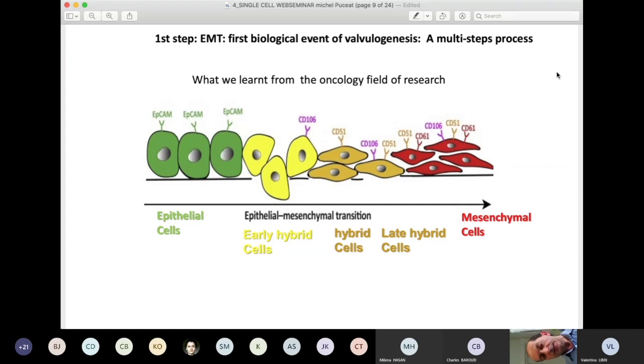The epithelial cell is going to transform a little bit and lose connections, becoming what people now call early hybrid cells. Then the cells change shape a little bit, and these are the hybrid cells. At the late hybrid stage, the cell will almost be a mesenchymal cell, able to migrate and invade different territories.